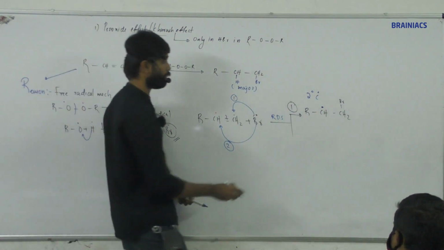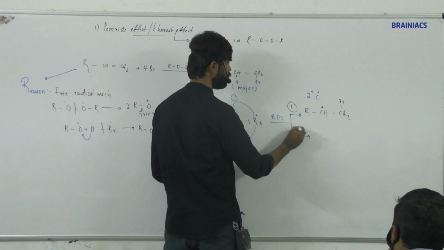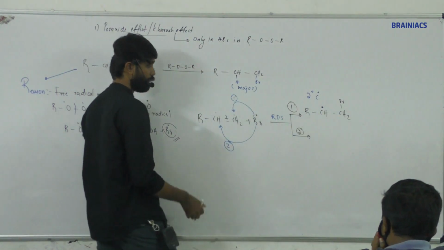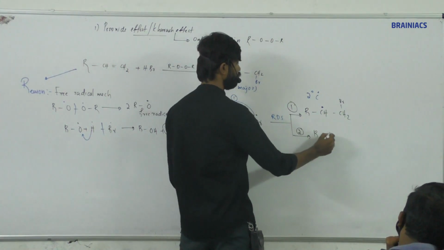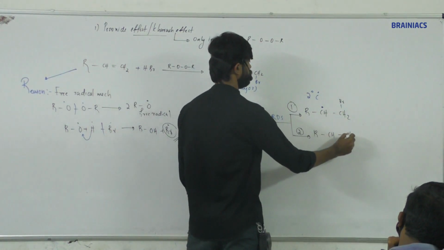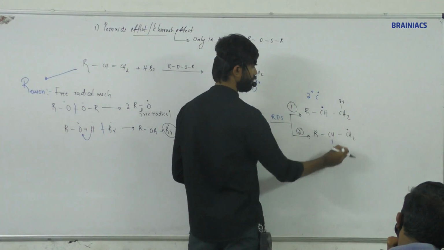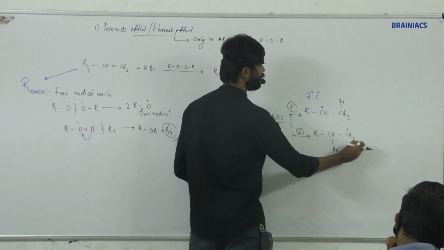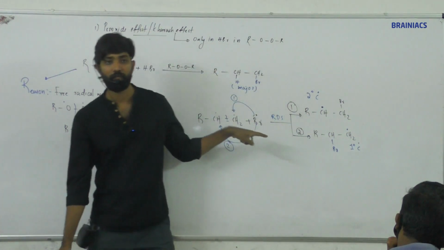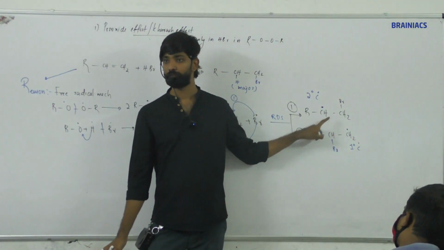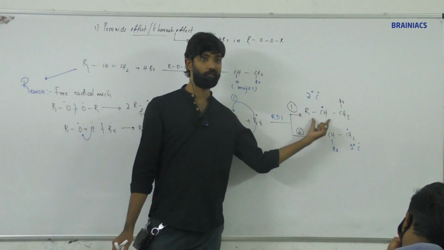Or what about 2? If it is 2, bromine goes to here, right? To generate a primary carbon free radical. Since this is the rate determining step, you can say that this will be the major. This is the most stable, right?